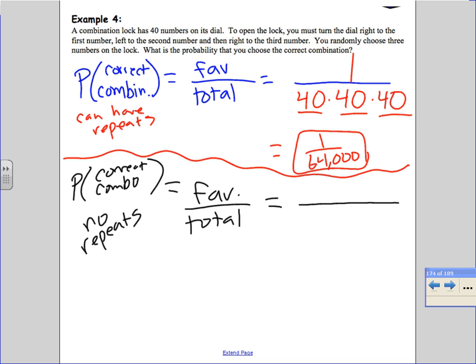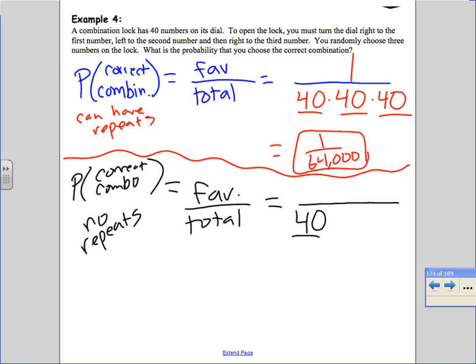All right, math, there's not repeats. So how do we find the total? It's partly that. There's only 3 numbers. So if it's 40 factorial, that's like you're telling me.